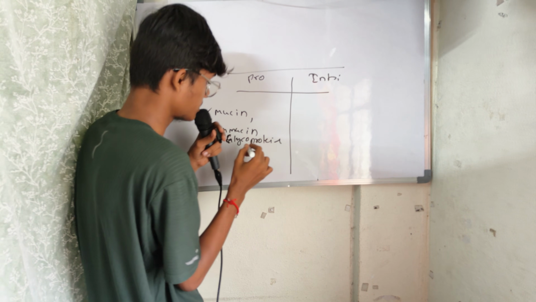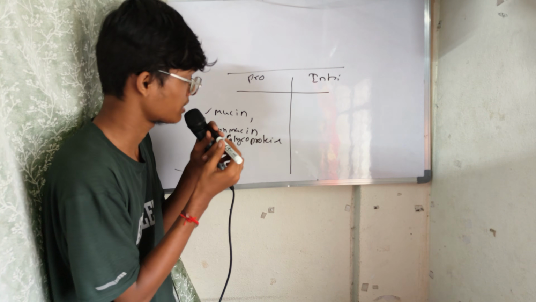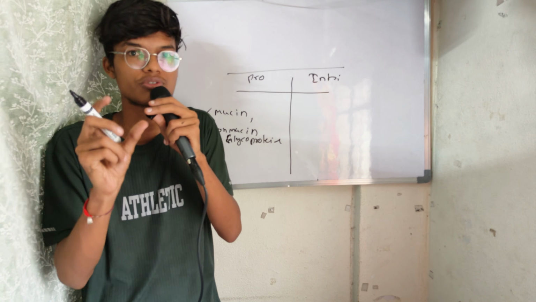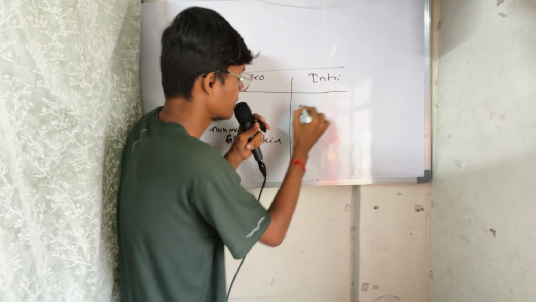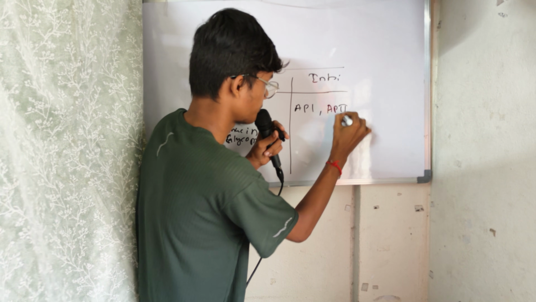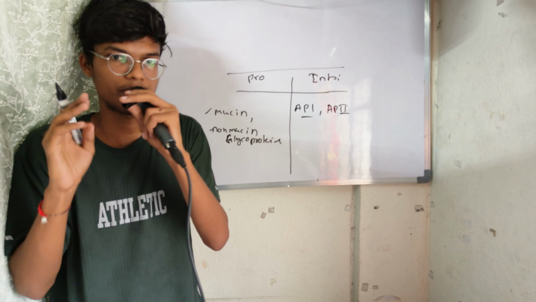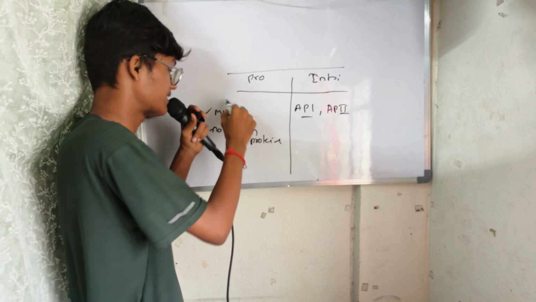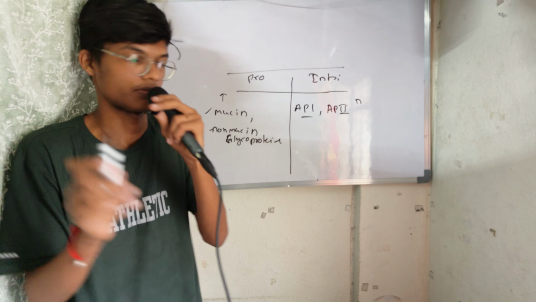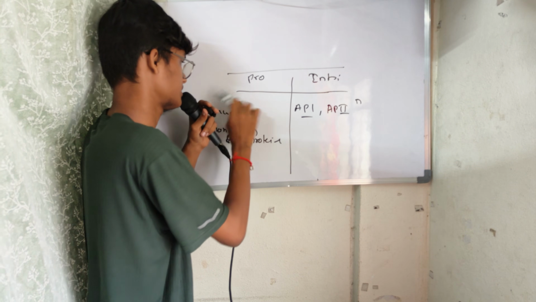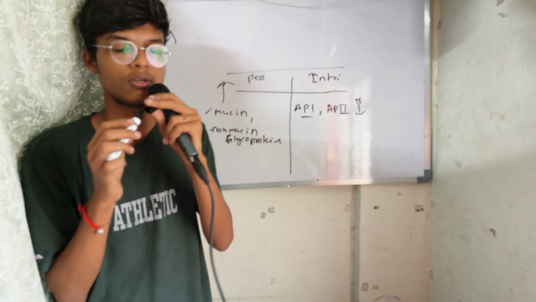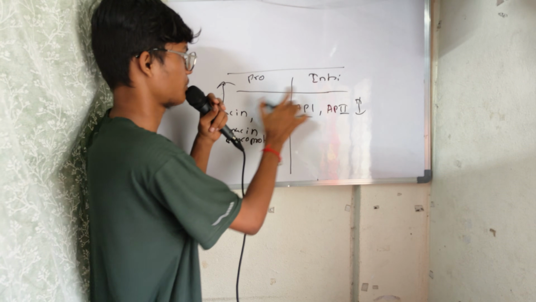These mucin and non-mucin like glycoproteins are pro to the formation of cholesterol stones, and the inhibitory are apolipoprotein 1 and apolipoprotein 2. These are against the formation of stones. That means if there is a balance between this and this, there is no stone formation. But if this is increased and this is decreased, there will surely be formation of stones. That is the point of pro and inhibitory materials.